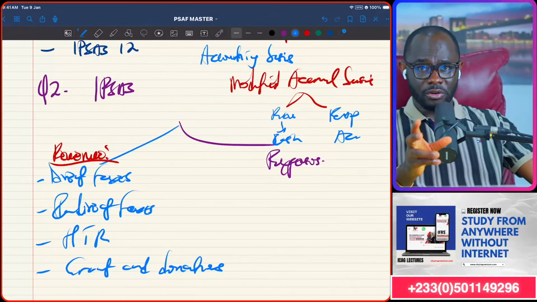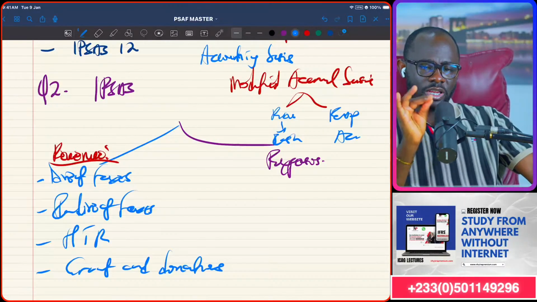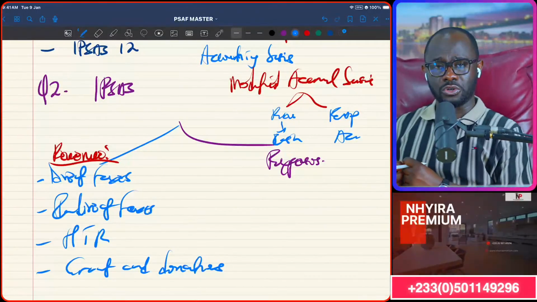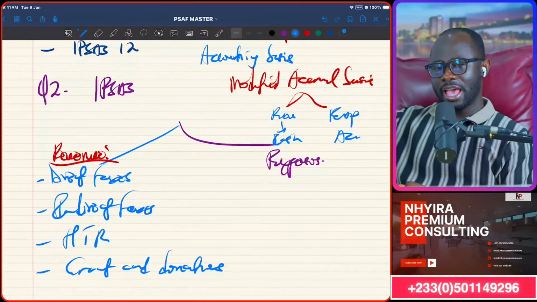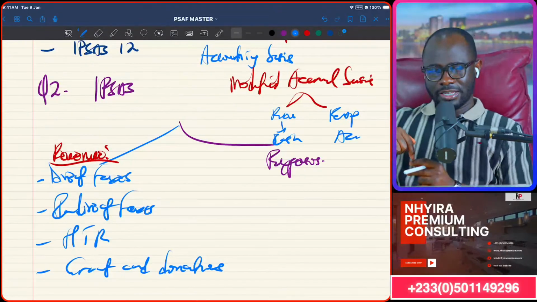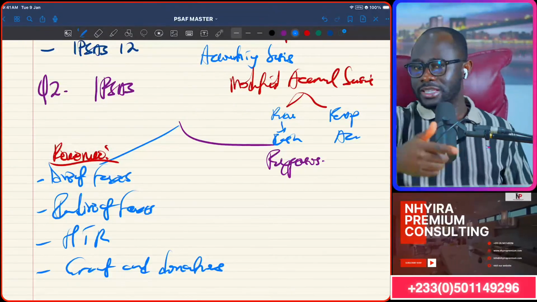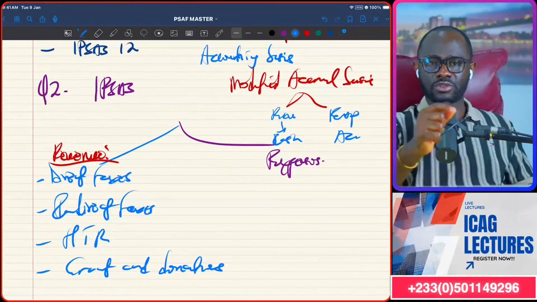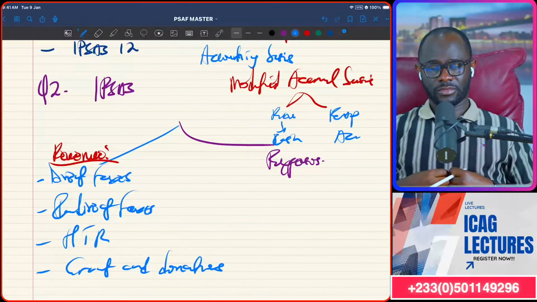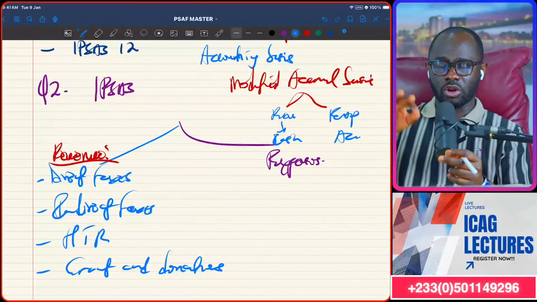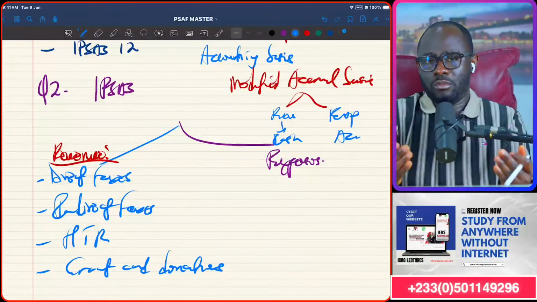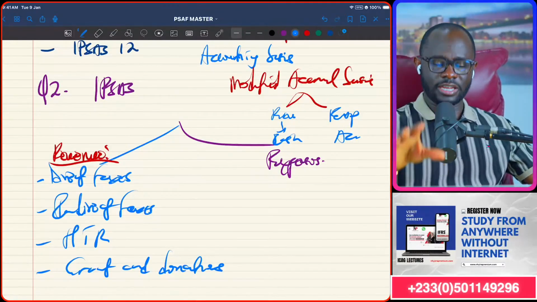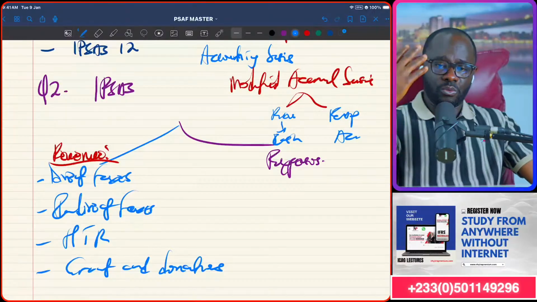So that's very important for you to understand, because if we are using the modified accrual basis to prepare the financial statement, then when we come to the footnote, any revenue outstanding, any revenue due the entity that had not been received yet, we won't bring it in the books. Because under modified accrual basis, revenue is recognized when cash is received. But the expenditures will be recognized on accrual basis, because under the accrual basis, we recognize the expenditures when we undertake the project or when it becomes due or we enjoy the service.